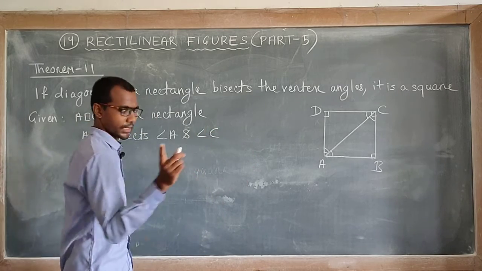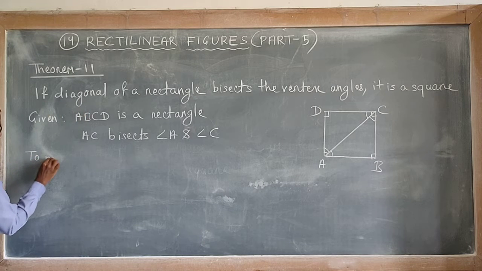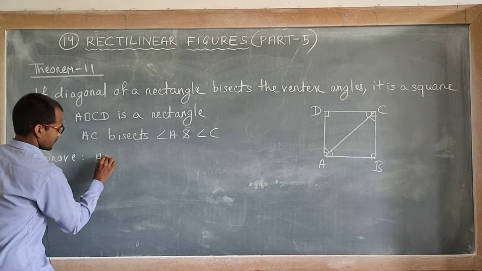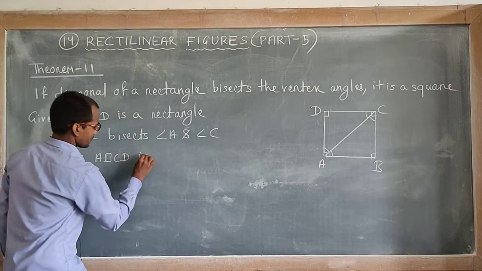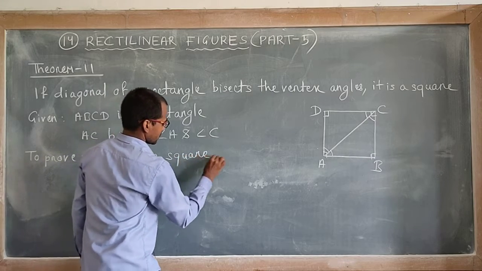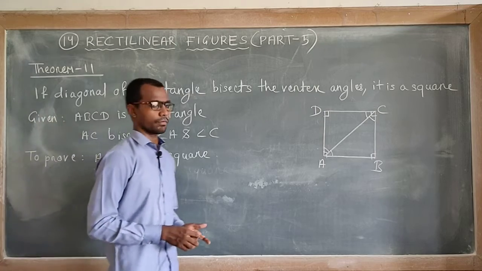We will prove that ABCD is a square. Okay. So how to prove that it is a square?